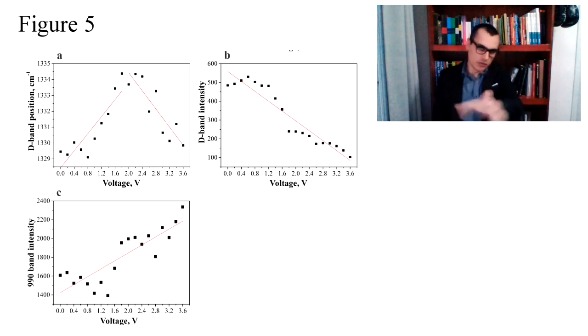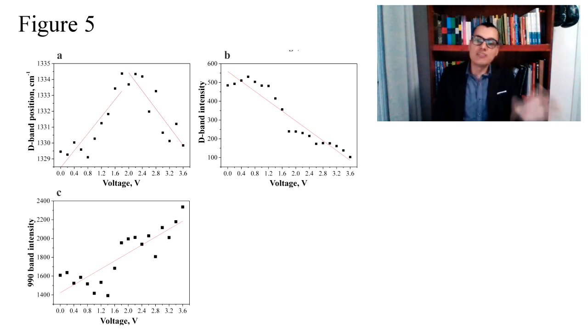In this slide, the D band starts with its position at around 1329 centimeters minus 1 at an applied potential of 0 volts and reaches a position of 1335 centimeters minus 1 at an applied potential of 1.8 volts. This is the charging process.